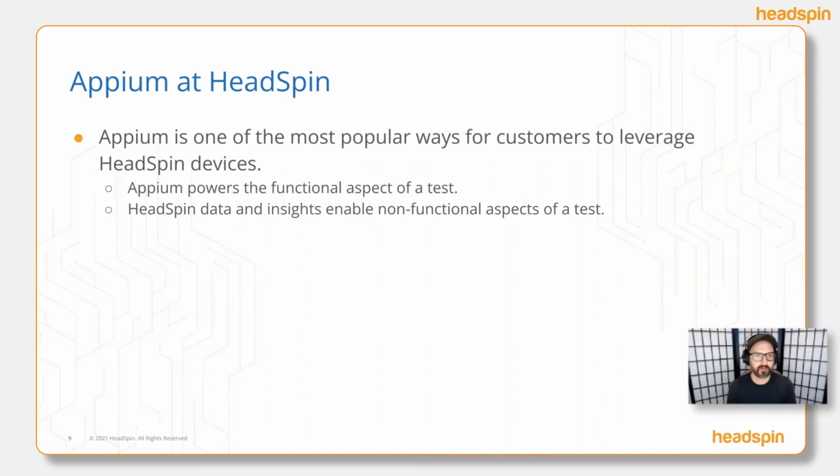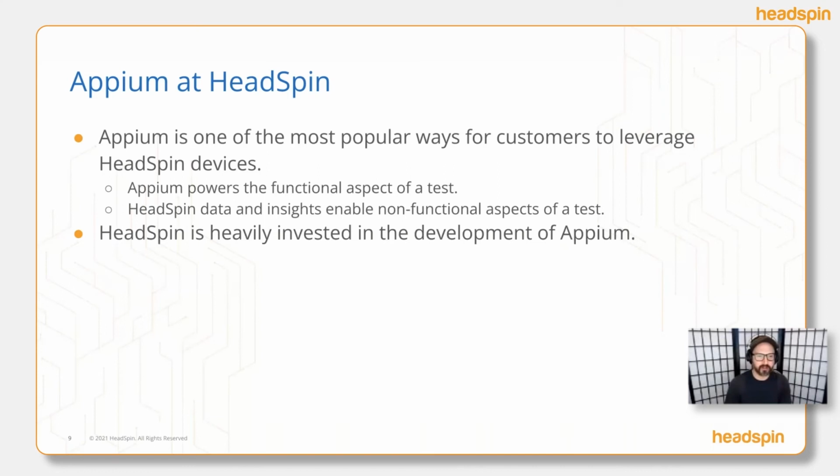So that's just a really nice marriage of technologies here. Customers get to use an open source technology that they already know to write and run their tests, but then when they use HeadSpin, they just get all this stuff, not for free, but essentially for free in terms of them not having to do any extra work to get it. And that's a really cool story.